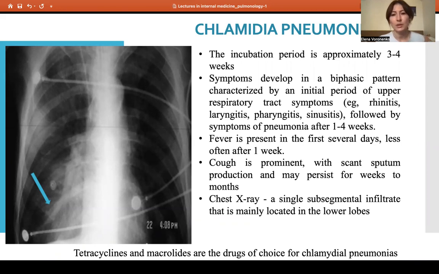Fever is present in the first several days, less often after 1 week. Cough is prominent with scant sputum production and may persist for weeks to 2 months. Chest X-ray: a single subsegmental infiltrate that is mainly located in the lower lobes.